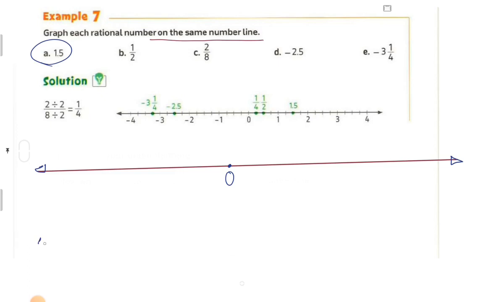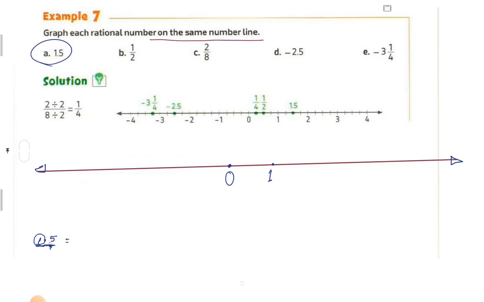Next, look at the first one, 1.5. In 1.5, I have one integer and 0.5. Where is 1? Let's put 1 here. But I need 0.5. 0.5 equals what?